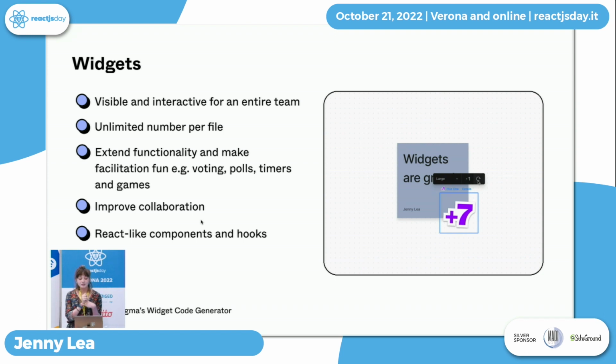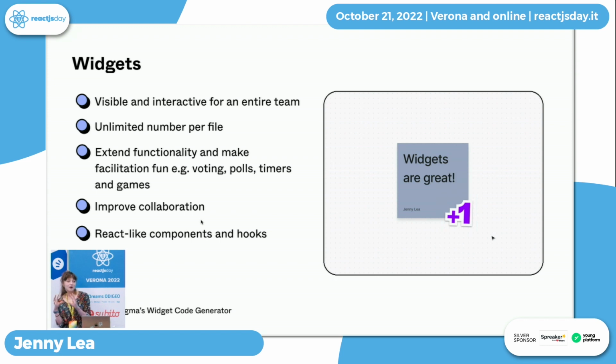And widgets are written in a React-like way. So we've written a widget API that provides you React-like components. They're not exactly React. They just call into plugin functions under the hood, but that means that they will give you a component definition for frames and auto layouts and text.